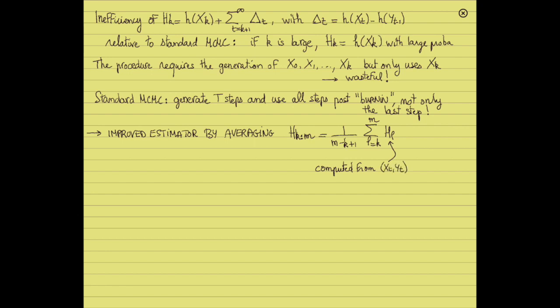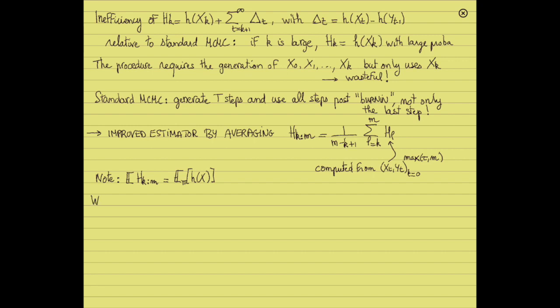So what we do is we run the coupled trajectories as if we employed m as the tuning parameter, but from that we can exploit the intermediate steps from k to m, and we still have to choose parameters k and m. So by averaging unbiased estimators, we still obtain an unbiased estimator. So the expectation is unchanged. It's the quantity of interest.